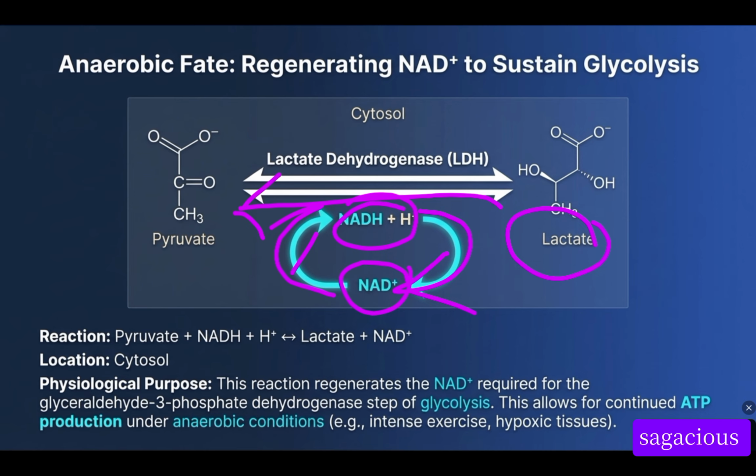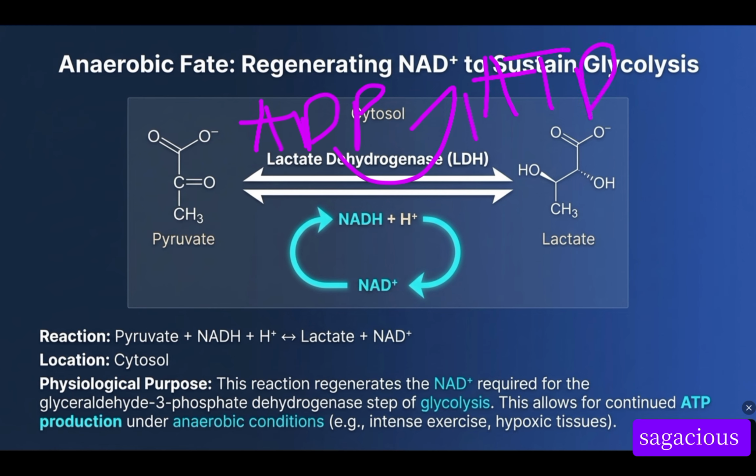This NAD positive will keep on stimulating the formation of pyruvate, and as we keep forming pyruvate, it keeps being converted to lactate, producing a low amount of energy, which means it is taking ADP molecules and converting them to what? ATP molecules in the absence of oxygen.